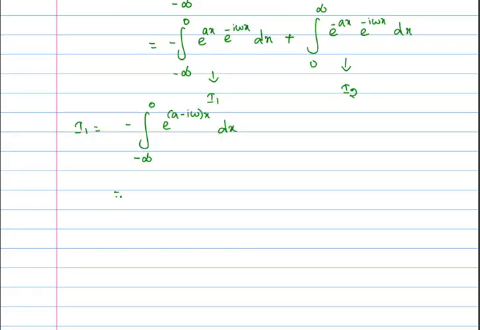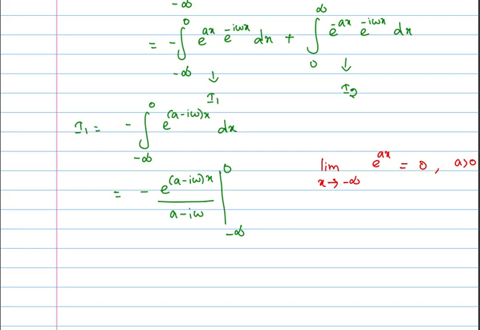If you integrate, what will you get? Exponential of a minus i omega x divided by a minus i omega, from minus infinity to 0, with the minus sign. The upper limit I have no issue with, but the lower limit is a little tricky, correct? As x extends to minus infinity, exponential of ax is 0 since a is a positive quantity, but the limit of exponential of minus i omega x is undefined.